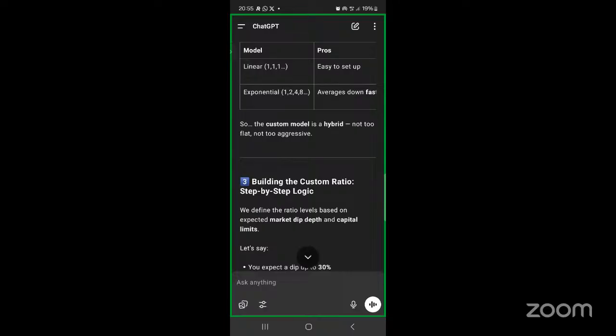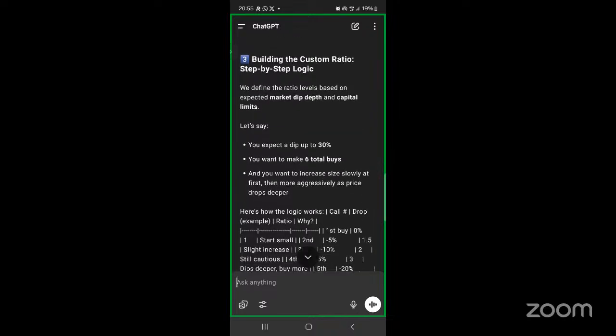Now, mathematically, the custom model is hybrid, not too flat, not too aggressive. Building the custom ratio: we define the ratio level based on expected market dips and capital limits. Let's say you expect the market to dip by 30%.